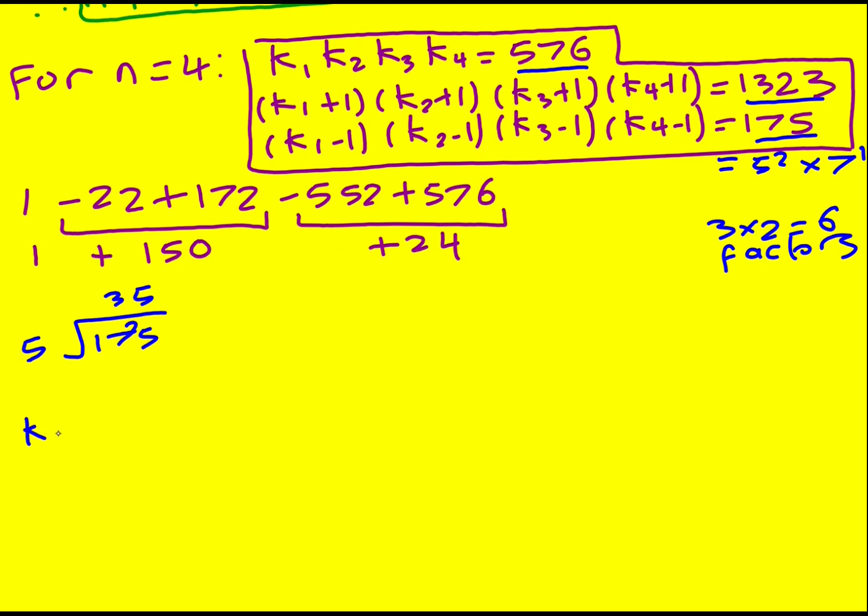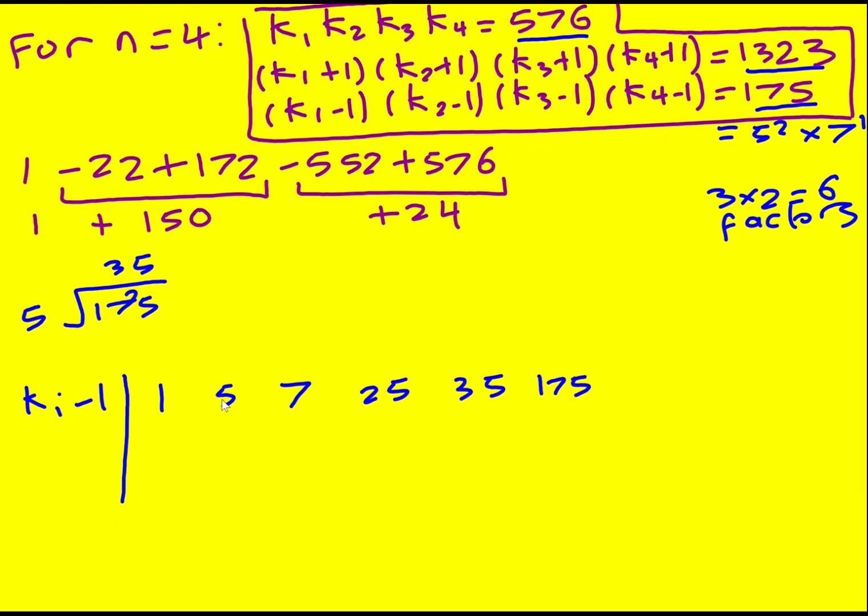I'm going to write down ki minus 1, because I'm basically dealing with all the roots. There's nothing special about k1 or k2. Ki minus 1, and I'm going to write down my factors of 5 squared times 7. We can do this systematically. So we've got 1, and then let's do just the powers, just the 5 and the 7. And then we'll do 5 times 5, 5 times 7, and 5 times 5 times 7.